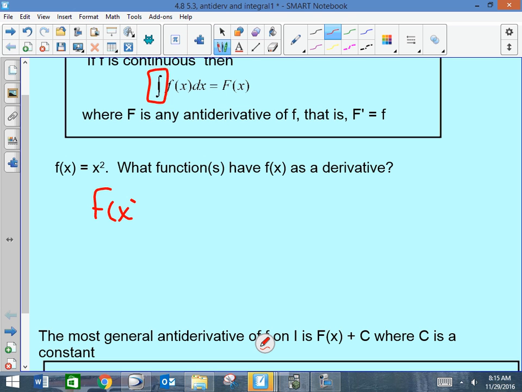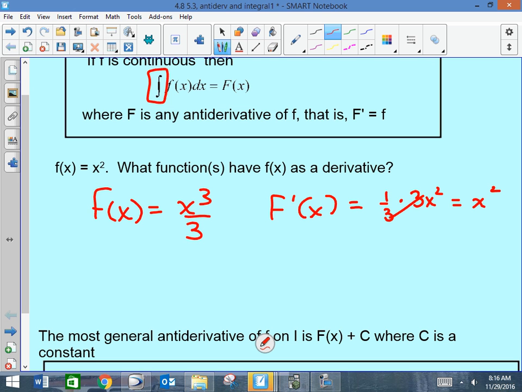It is, Emma, good job. It is one of them. Can somebody give me another one? Because if you take the derivative of this, you will get 1/3 times 3x squared, which is x squared.